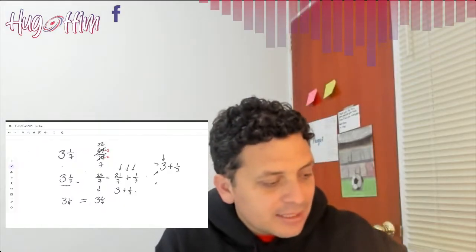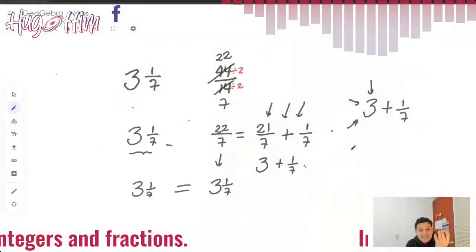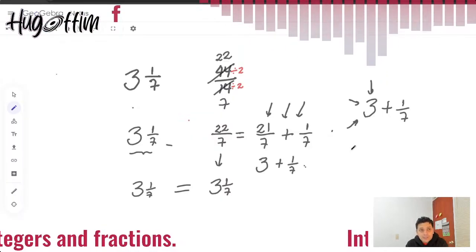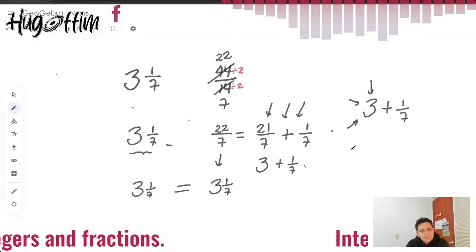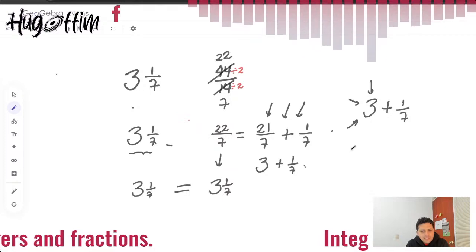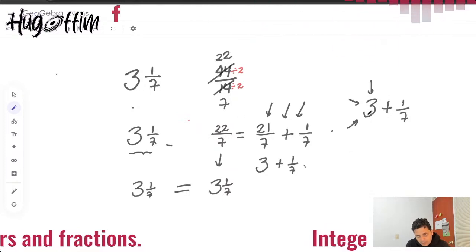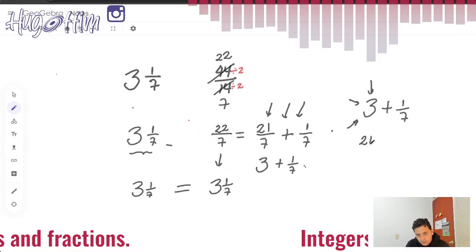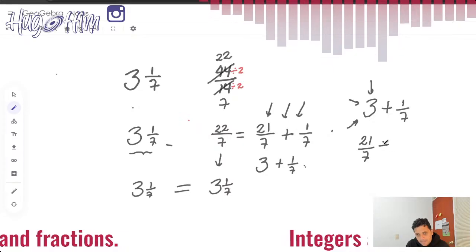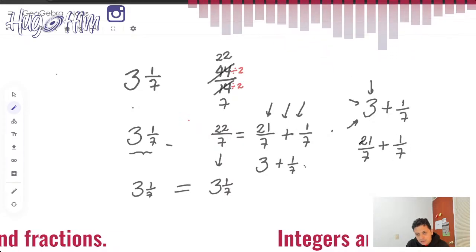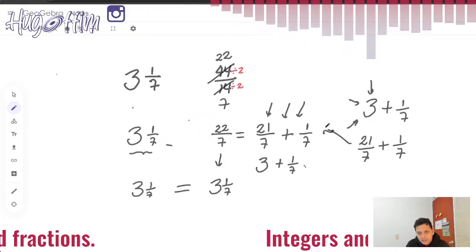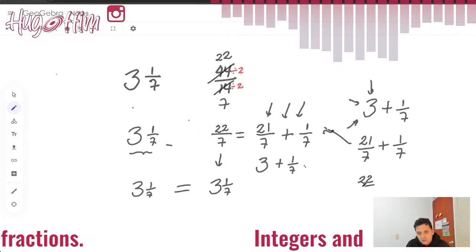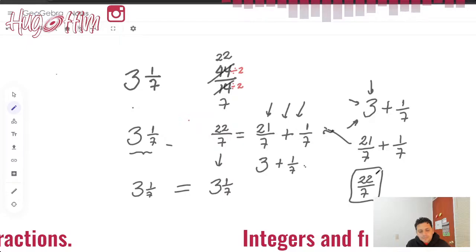This is the idea that you need to always have in your mind. The deal is simple. 3 times 7 is 21, so I just need to put 21 over 7 plus 1 over 7, and add these fractions. Look at that, I just get 22 over 7. You see?